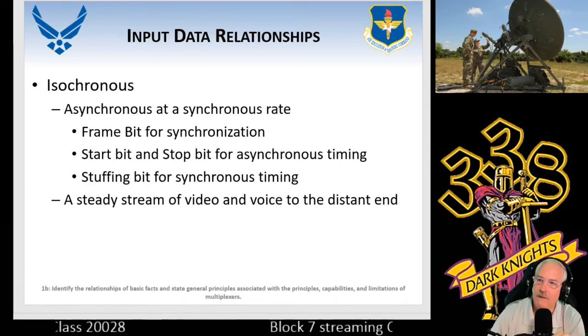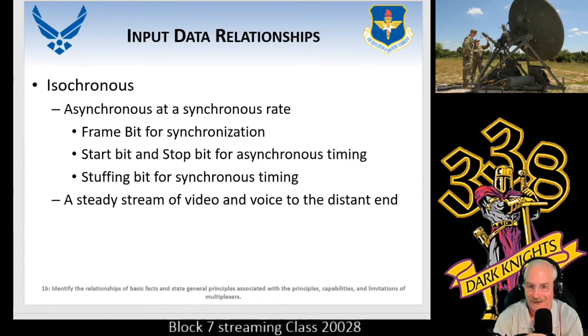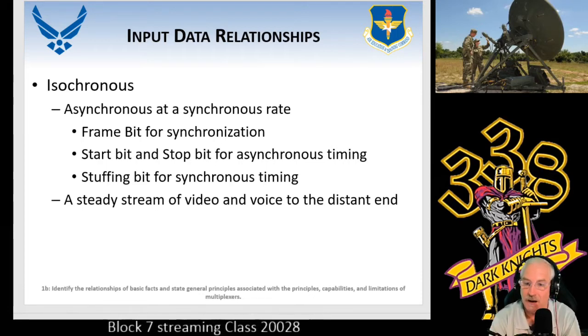Isochronous is a combination of being async at a synchronous rate. Async because you got start and stop bits. Async because you have framing bits. Synchronous because here is the time that you're going to be able to put it in there. The problem with that is, if you don't have any time, and here comes your train, everything went into boxcar number 1.